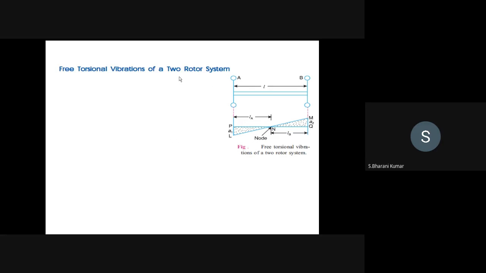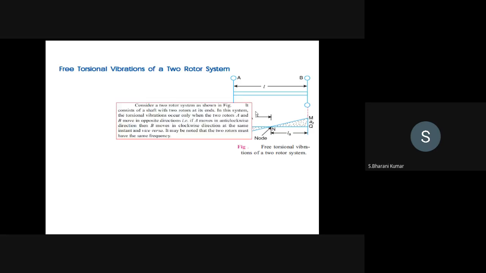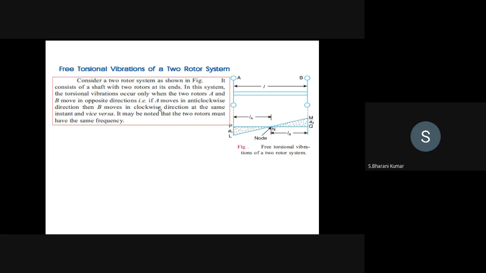And this is called a two rotor system. For this only I gave the example. One end is a motor and another one is a pump. This will be taken as a two rotor system. In this system, a torsional vibration occurs when two rotors A and B move in opposite directions. A moves in anti-clockwise direction and B moves in clockwise direction for the same instant and vice versa.